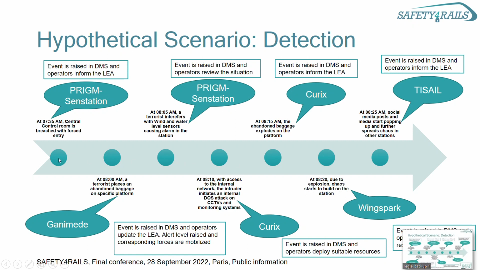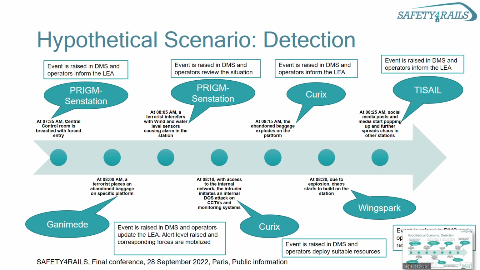Each of those dots represents one activity of the potential attackers, and the bubble indicates which tool can respond, detect or take some actions with regard to that entry point. So every one of those points is in principle an interruption chance for you to stop the attack.